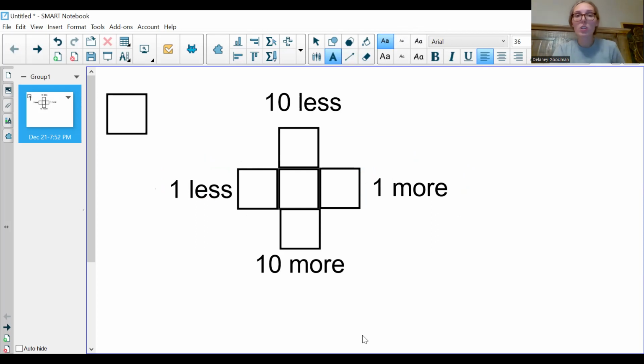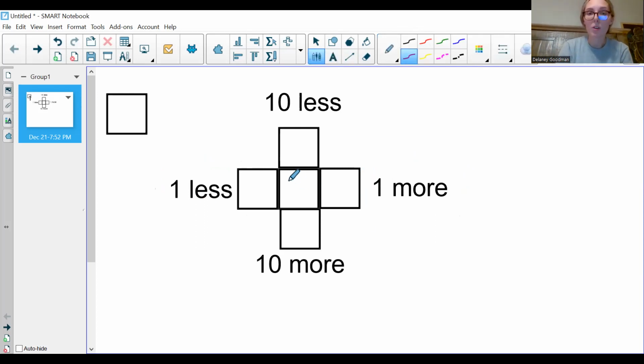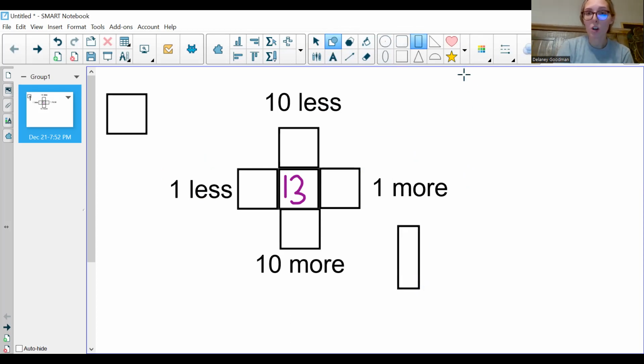What you are going to do, there will be a number in the middle. Say our number is 13. 13 is my number, okay? I need to find 1 more, 1 less, 10 more, and 10 less using the strategy. So what I would do is I would draw 13.